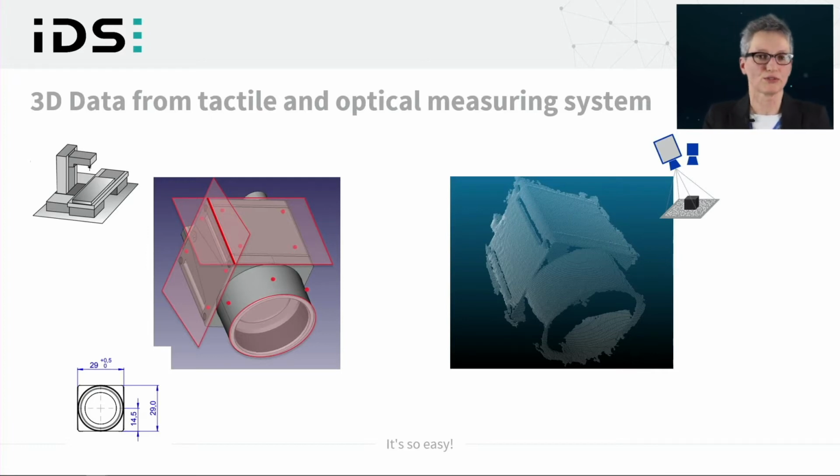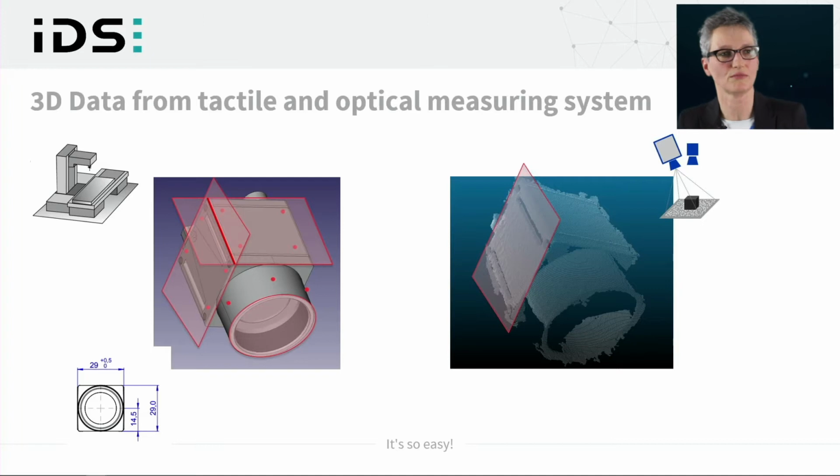So if you want to do any measurements in the point cloud, you first have to remove points that are not actually part of the object. And then measuring in a point cloud can be reduced to just the same thing that the tactile machine does.